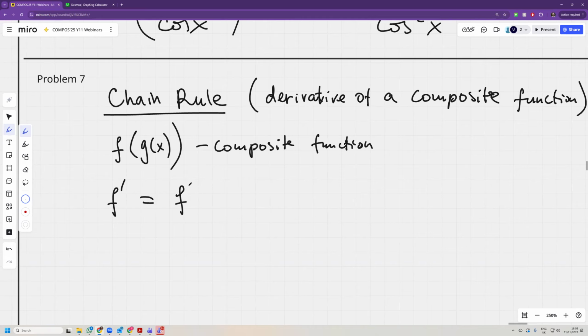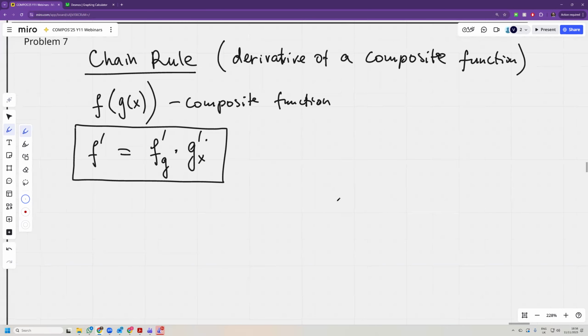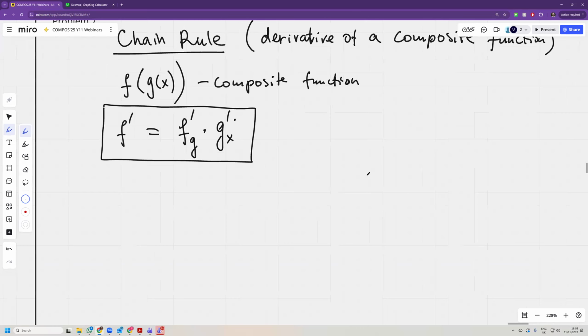And this is the most user-friendly notation, and it looks horrible. You must agree with me. Another way of writing it down, because the derivative can also be written as df dx, it can be written as df dg multiplied by dg dx.